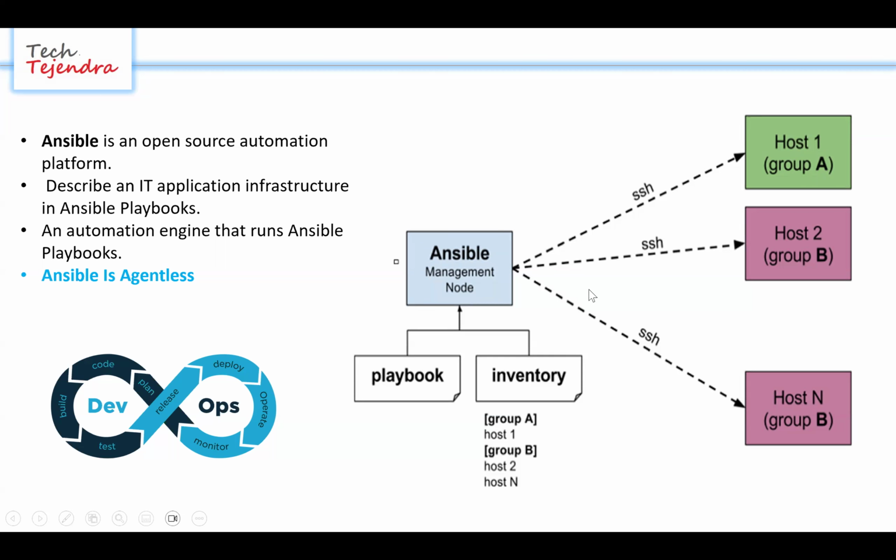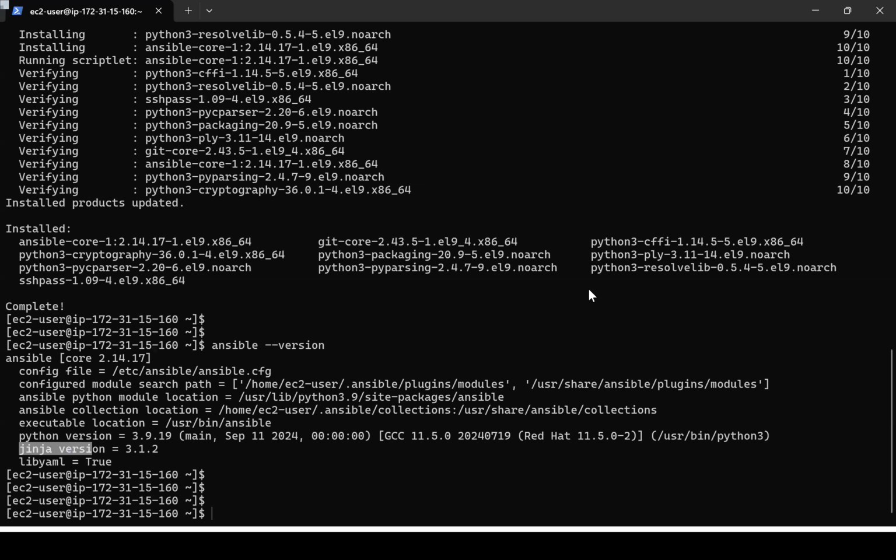And we can group these managed hosts into groups, and then we can create a group of groups also. So in a nutshell, the inventory is just information we are providing to the Ansible tool about what activity needs to be done on what set of hosts.